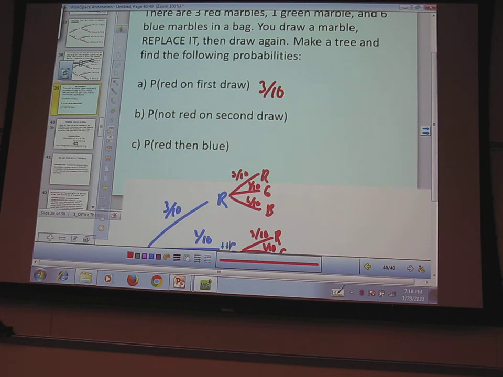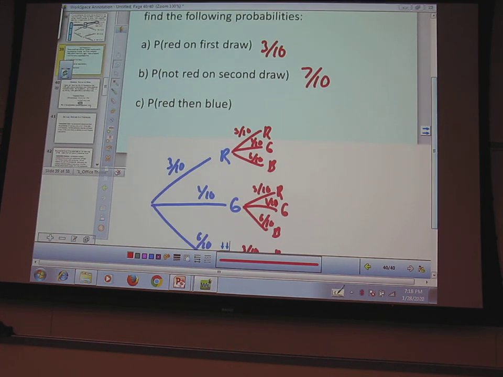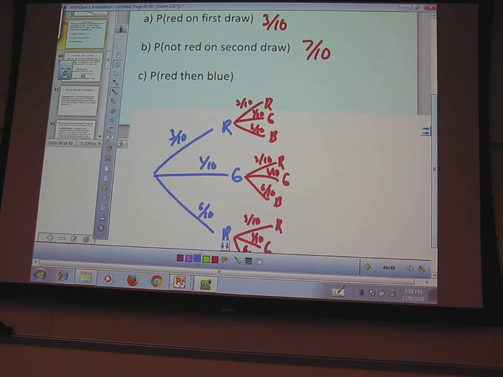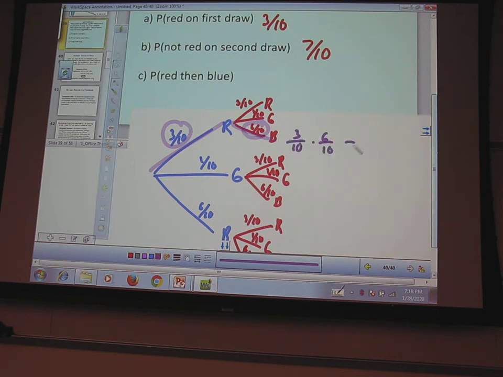And then the question is red then blue. So red then blue is this path here. You're going to grab those two numbers and you're going to multiply them. 3 out of 10 times 6 out of 10, 18 out of 100. Make sense?